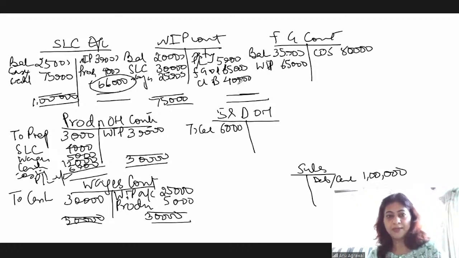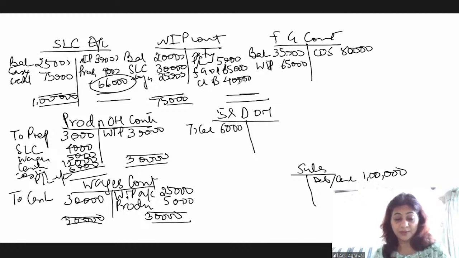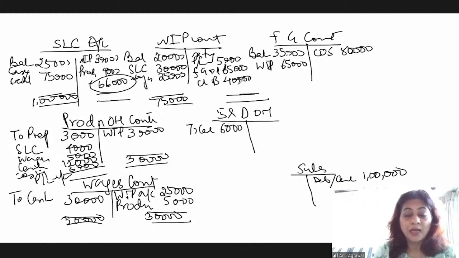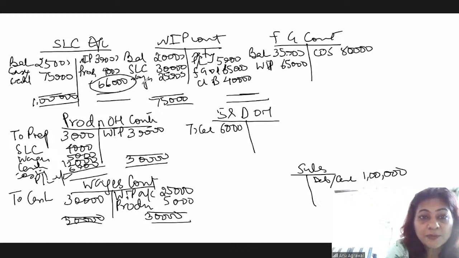And here, look at it, 5,000 plus 65,000 plus 40,000, 1,10,000. I think I've forgotten to transfer from production. Sorry. 30,000.